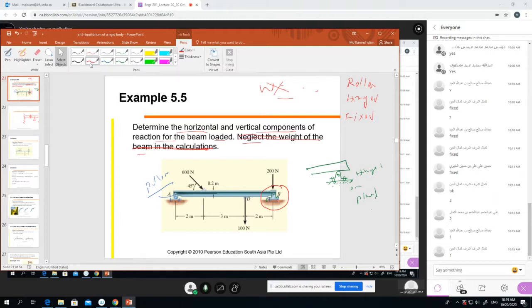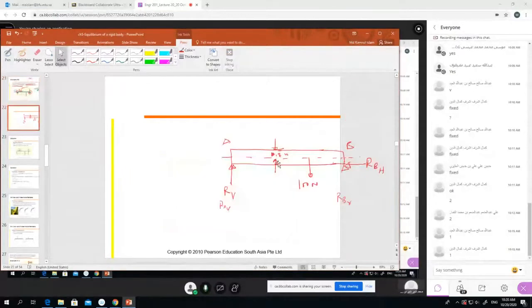Now if we want to draw a free body diagram, the inclined force will have 2 components: vertical 600 sine 45, and horizontal 600 cos 45. We have to draw that here, right? So one vertical force will work, 600 sine 45, and the horizontal force, where will it work? In this line or this line?